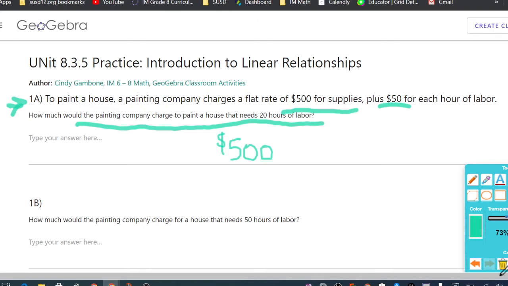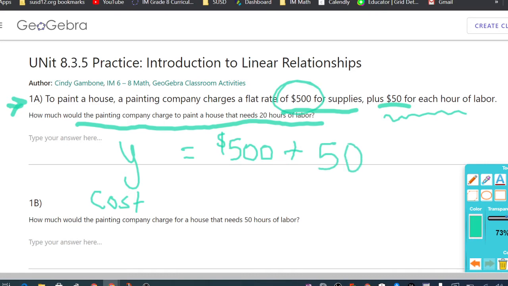Oh, you know what? Let me call this Y. Y is going to be the cost of painting. So the cost starts with a $500 flat rate for supplies plus $50 per hour of labor. So plus $50 times every hour of labor.